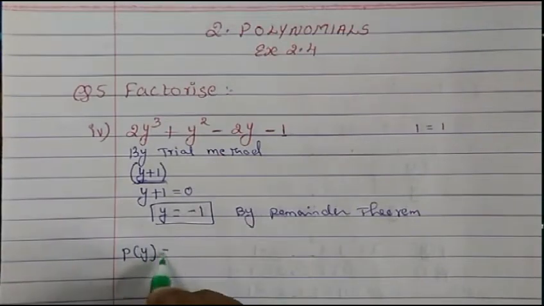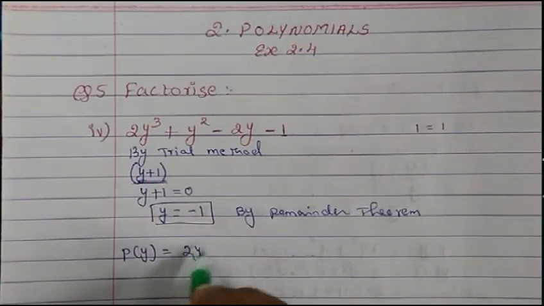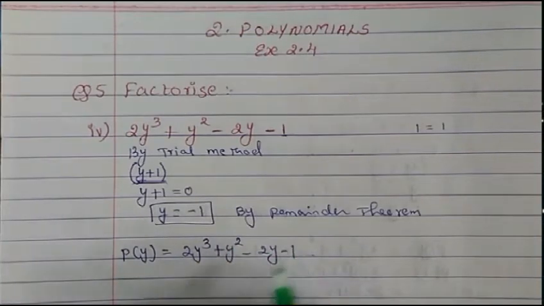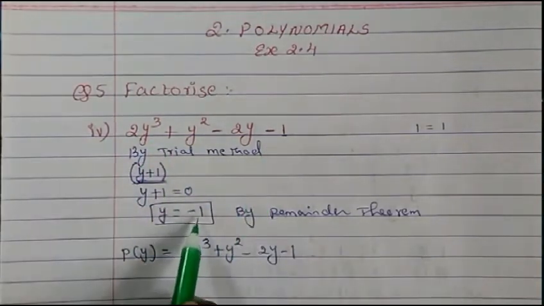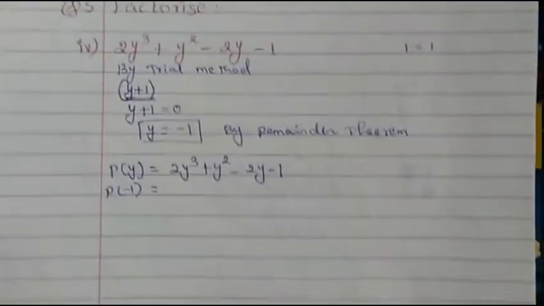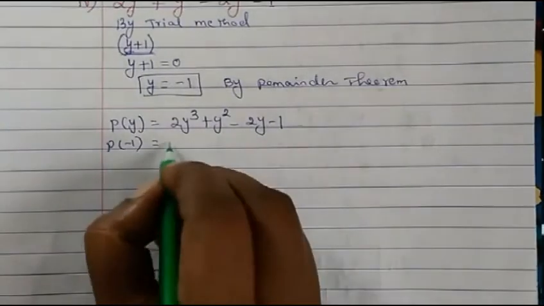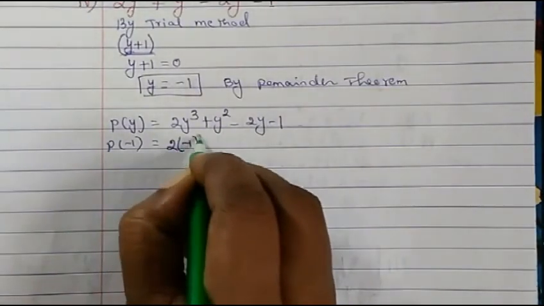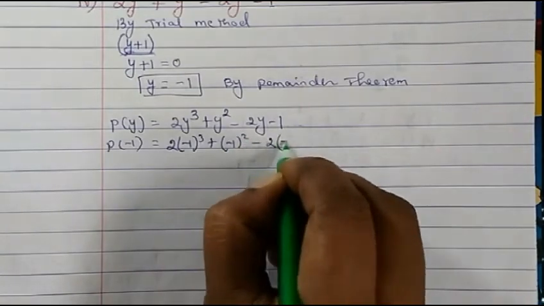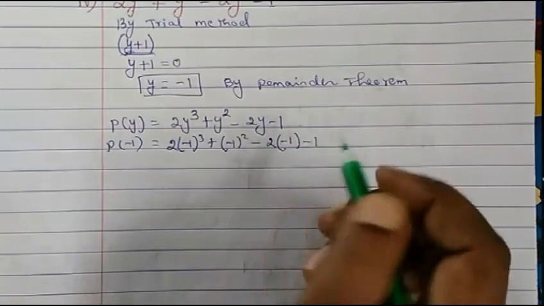So let's write down p of y equal to 2y cube plus y square minus 2y minus 1. Now wherever y is there, we have to write minus 1. So let's write down 2 into minus 1 cube plus minus 1 square minus 2 into minus 1 minus 1.